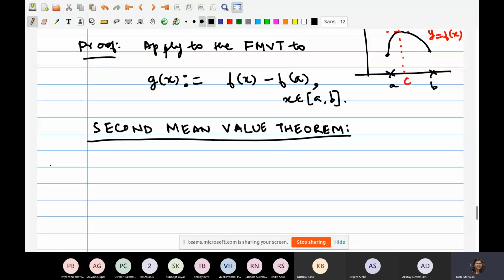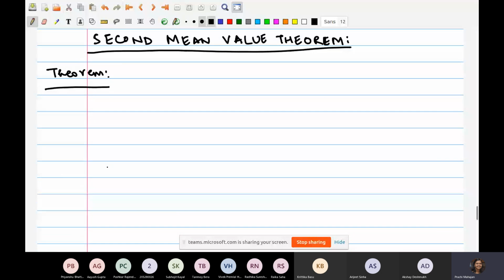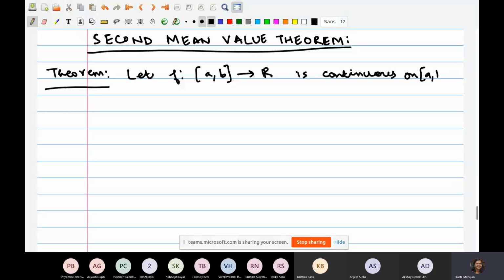Here is the statement. So again, f is defined and continuous on the closed interval [a, b], and differentiable on the open interval (a, b).